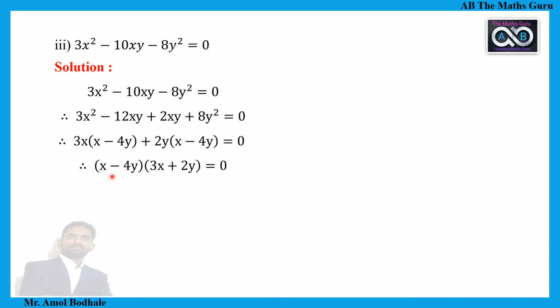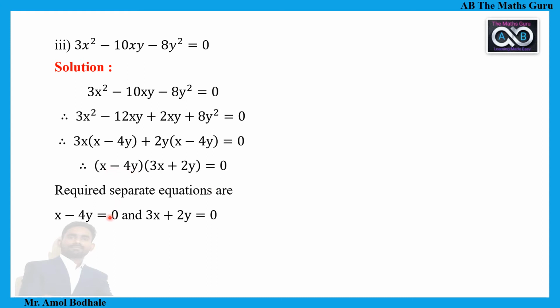We get (x minus 4y) into (3x plus 2y). The given expression is expressed as a product of two terms, so we get the separate equations. The required separate equations are x minus 4y equal to 0 and 3x plus 2y equal to 0.